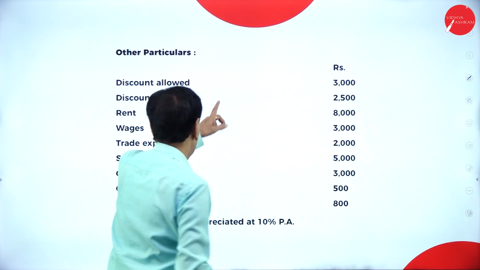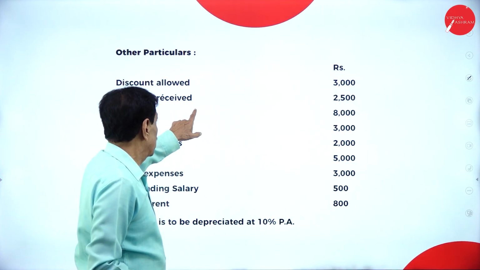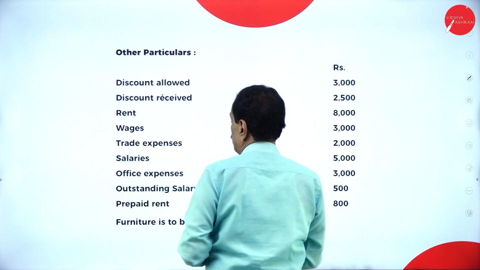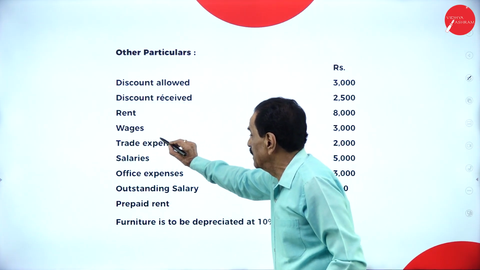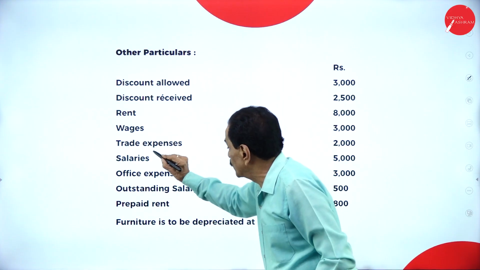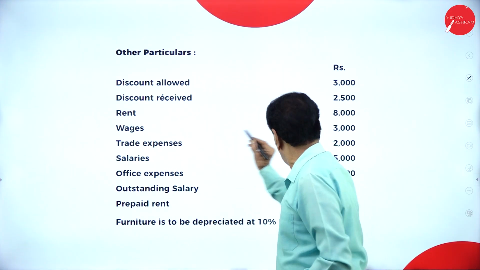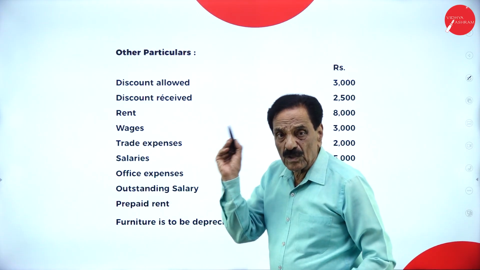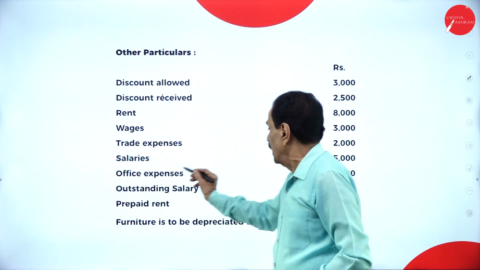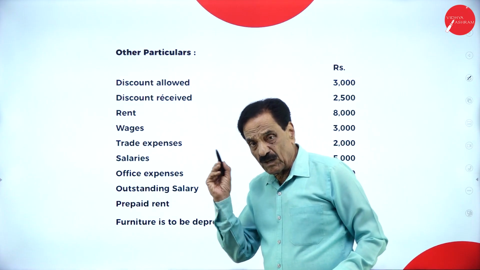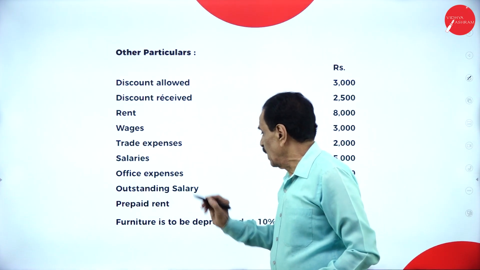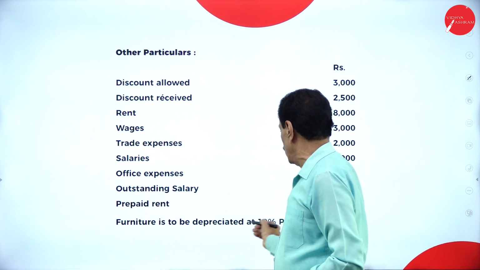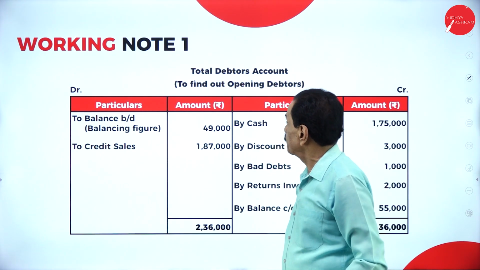Other discount allowed, debtor account, discount received, creditor account, rent paid, cash account credit side, profit and loss account debit side, wages, cash account credit side, trading account debit side, trade expenses, cash account credit side, profit and loss account debit side, salary, cash account credit side, P&L account debit side, office expenses, cash account credit side, P&L account debit side, outstanding salary should be added, prepaid rent should be deducted, furniture will be deducted by 10%.